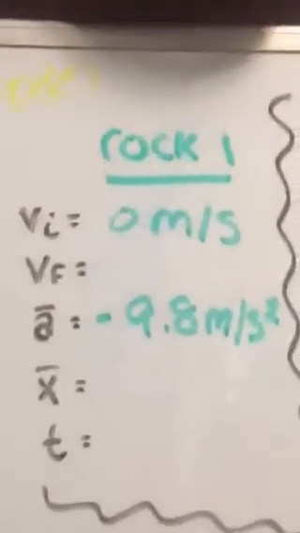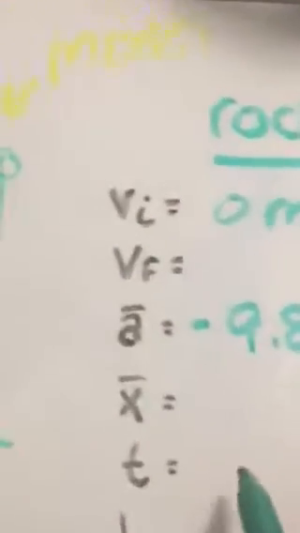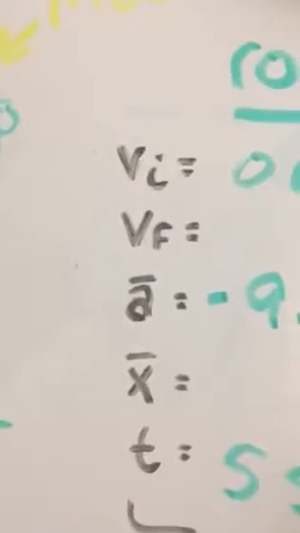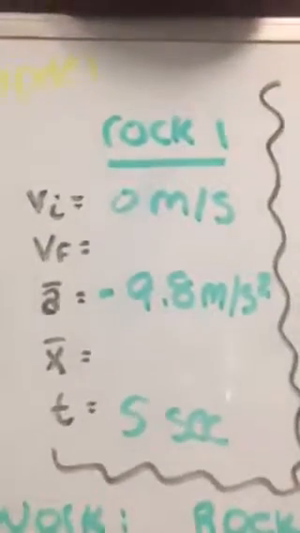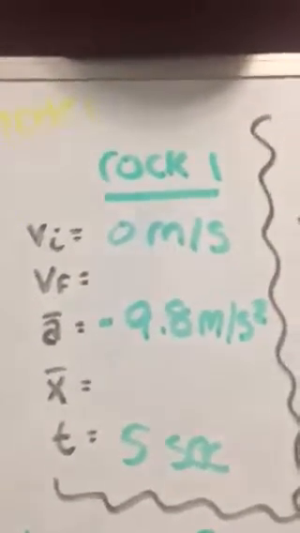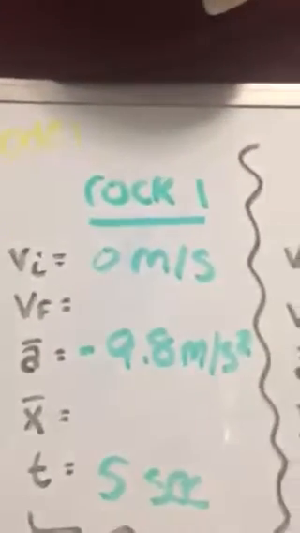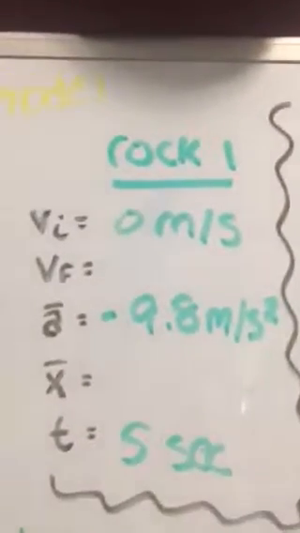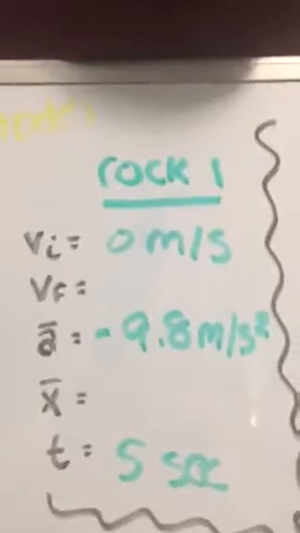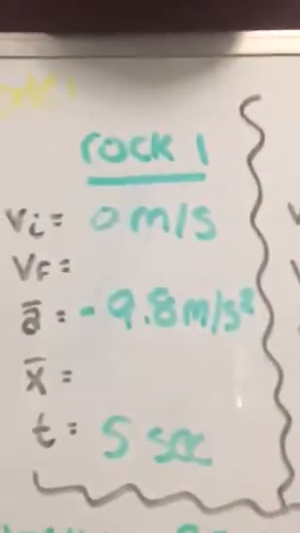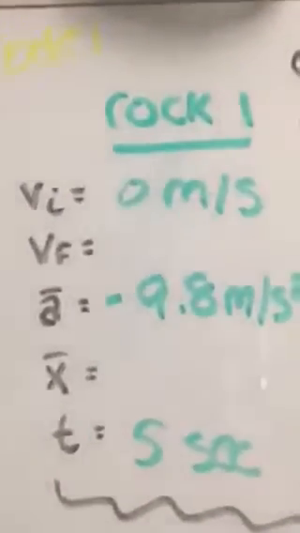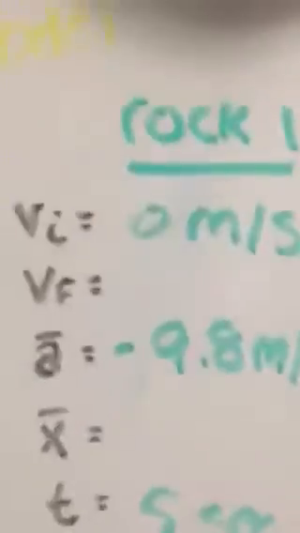And we also know the time, and the time would be 5 seconds. It would be 5 seconds because the rock is falling from the roof, and it's going to be taking 5 seconds until it reaches the ground. So that's what we know so far for rock 1.